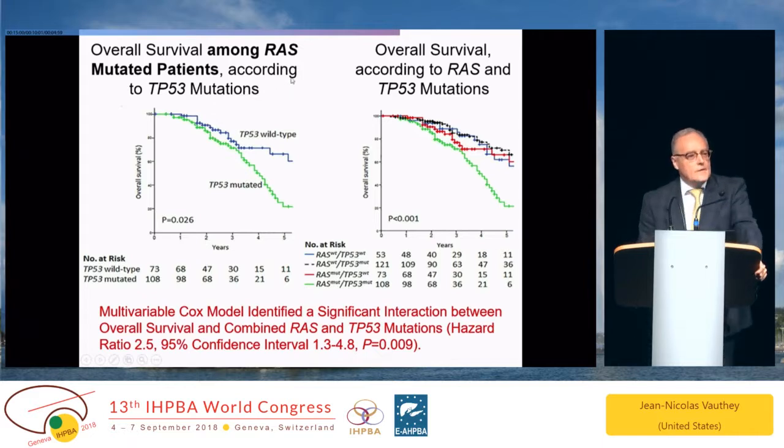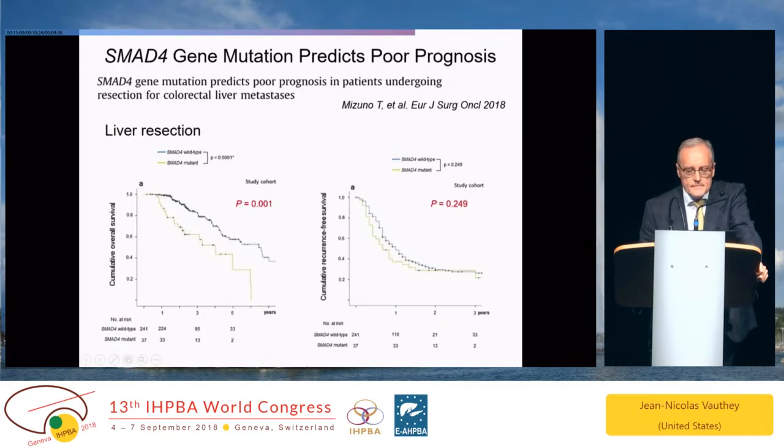So we looked at RAS mutated patients who have this oncogene mutation according to TP53 mutation. And you see that in patients with RAS mutation where the TP53 is intact, you're not going to have the dip in survival that you see typically associated with KRAS.